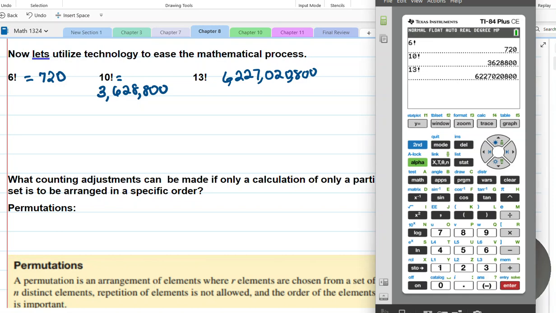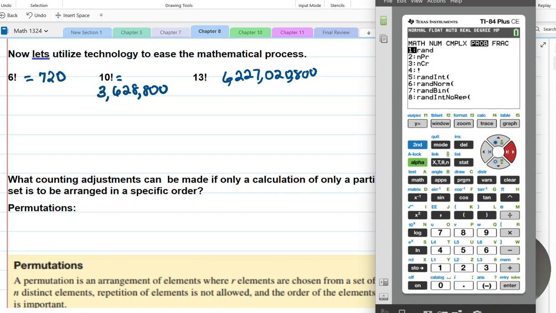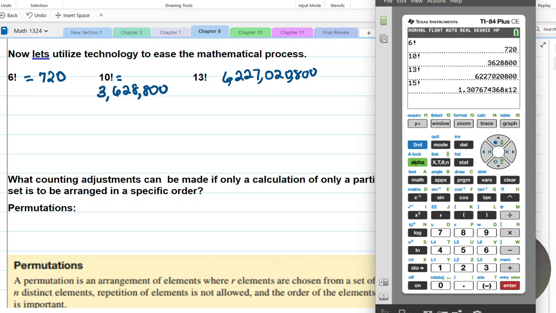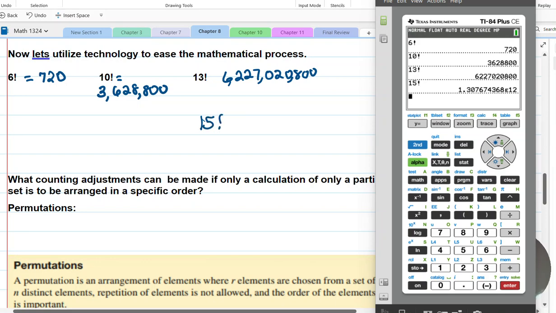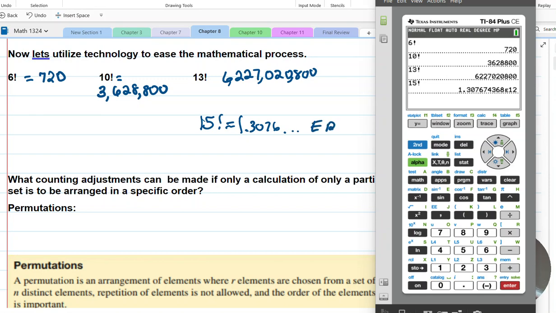Now, what happens if we do 15 factorial? Let's do it. 15 math. And what happens on what you see? PROB. And we're going to do number 4 and enter. Look what happens. We have this number right here. So if I did 15 factorial, I would have an approximation of 1.3076, blah, blah, blah, and then E to the 12.